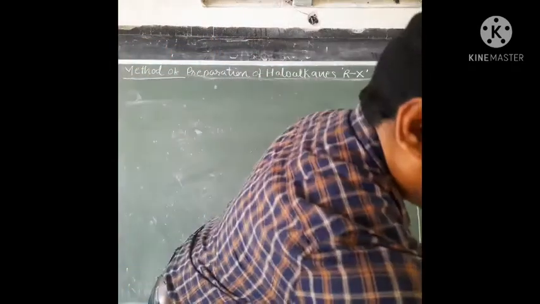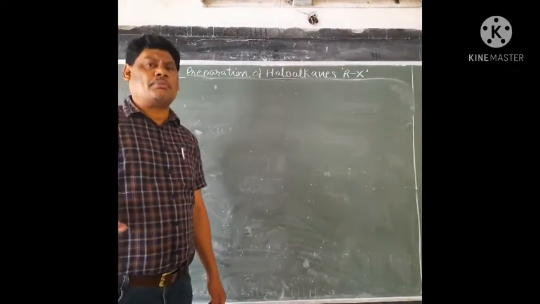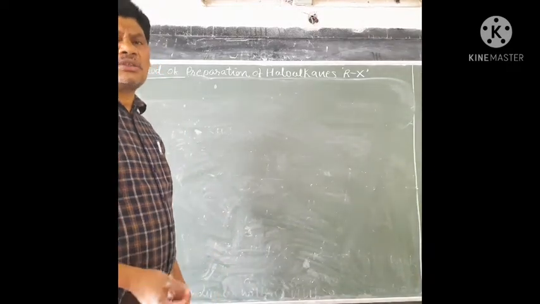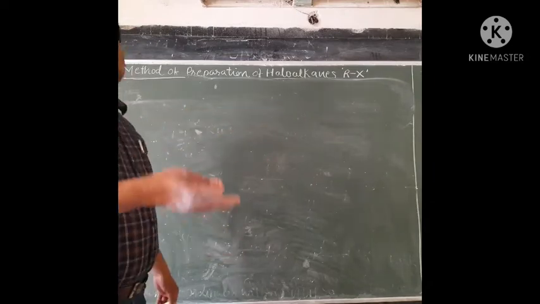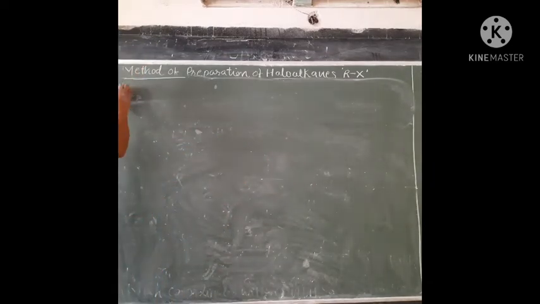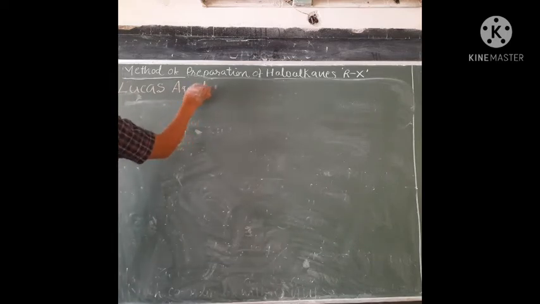Student, in a very earlier video I told you, you can be asked questions on distinguishing tests of different types of compounds. That is, compare one compound with another compound, how will you distinguish it? So we have one very important distinguishing test. This is called Lucas reagent.